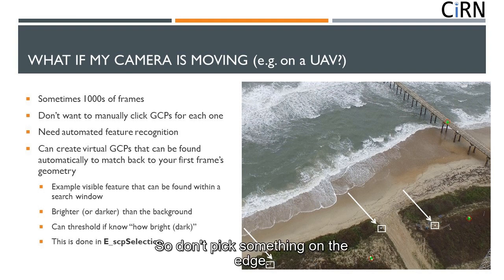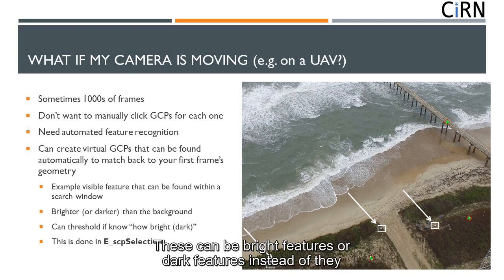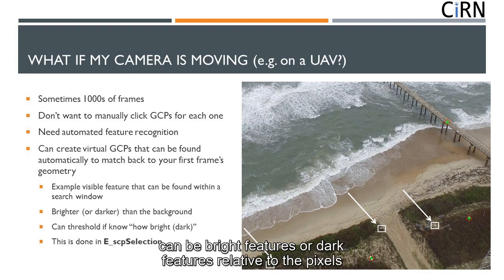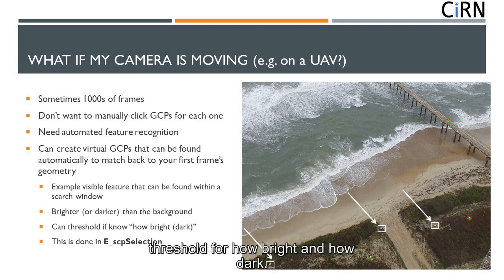So don't pick something on the edge that then by the end of the movie is out of your frame. They can be bright features or dark features relative to the pixels around them. And there's a little GUI that walks you through how to threshold for how bright and how dark.